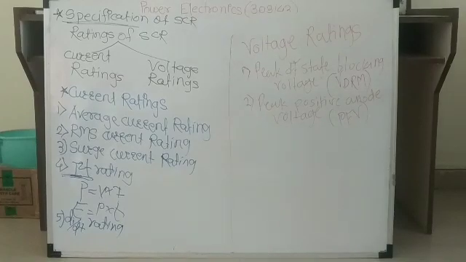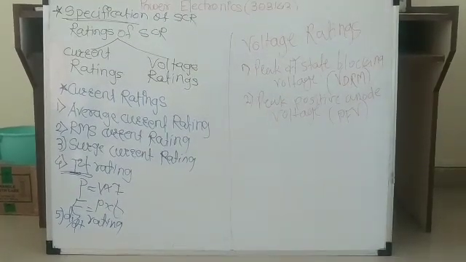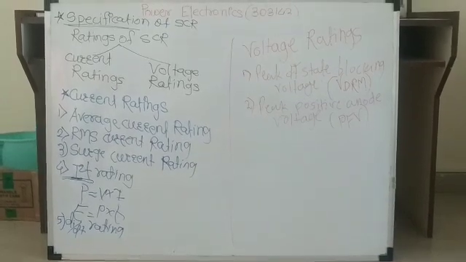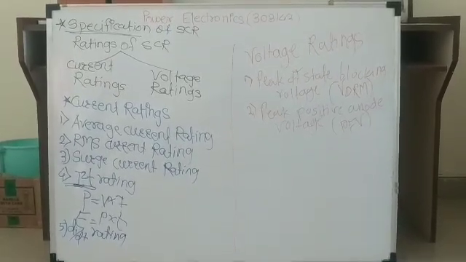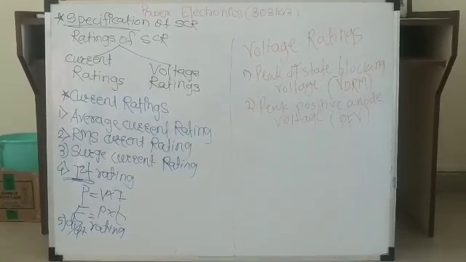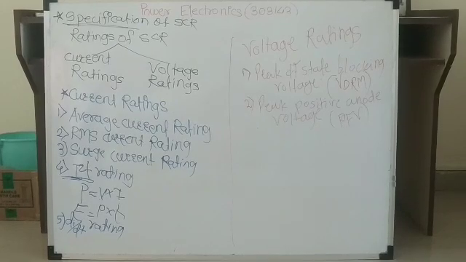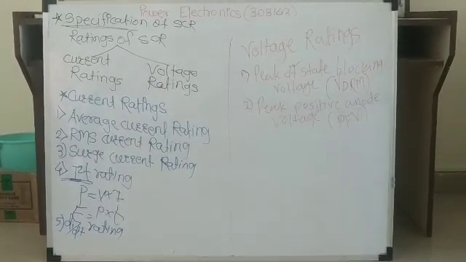Peak positive anode voltage. In peak positive anode voltage, these ratings are usually above the VDRM rating. VDRM rating is nothing but your peak off-state blocking voltage, the first voltage rating.